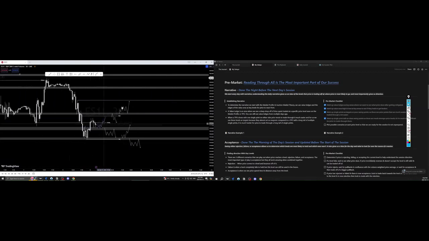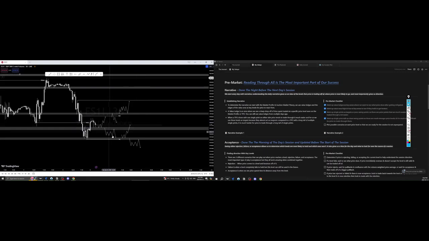But honestly, these are what I have drawn up. I'm actually gonna get rid of this just because it doesn't really matter. We've gone off of it so many times that it's kind of getting abused at this point. But we have scenarios for each price level.